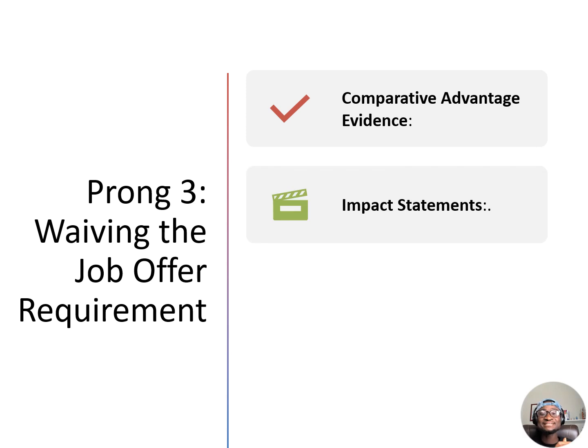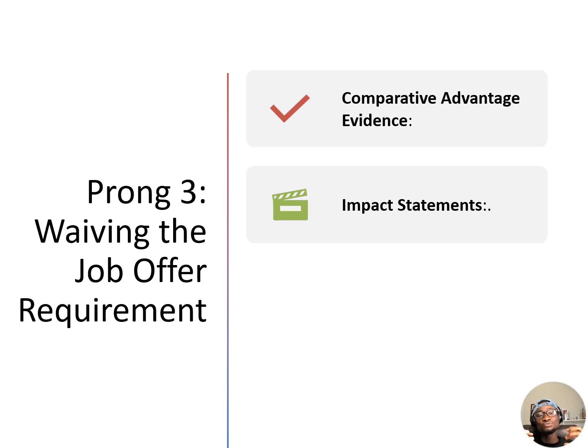The second part is impact statements. So basically, you drafting or writing a letter that discusses the broader implication of your work and why your presence in the US is vital for ongoing progress. So this is more about you sitting down, looking at yourself and thinking through how what you are studying or what you studied or what you are doing is going to have broader significant impact in the US.